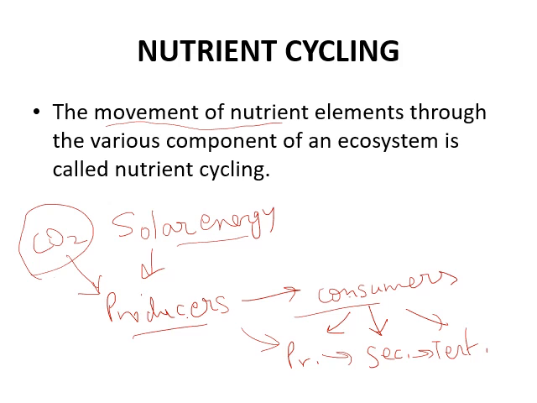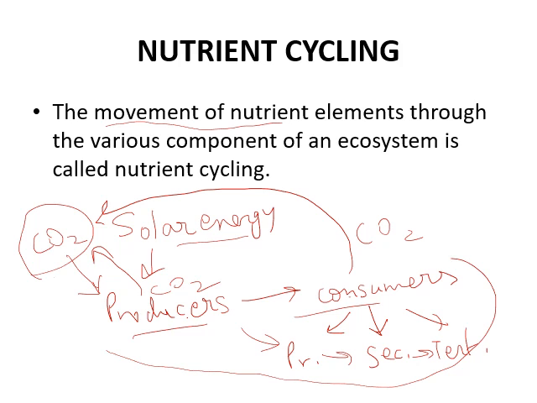Producers and consumers both respire, and as a result of respiration they release CO2 back into the atmosphere. So CO2 is coming into this living world by photosynthesis, and it goes back to the environment by the process of respiration. So there occurs movement of nutrient elements through various components of an ecosystem.